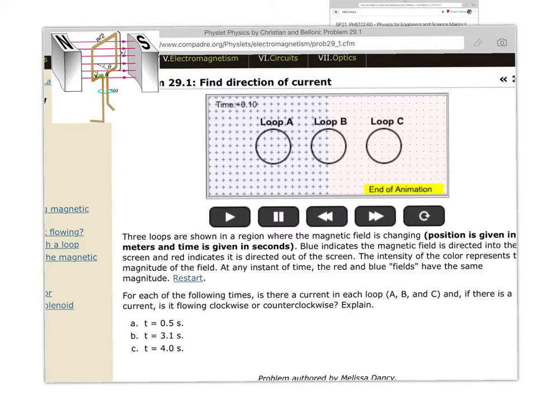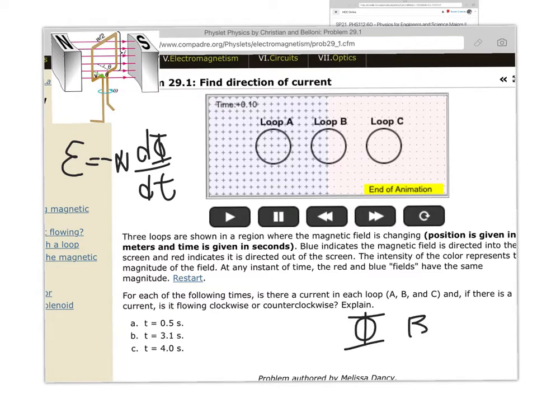And so Faraday's law tells us, right, that we get an EMF whenever we have a change in flux. It's important to remember that. And a change in flux means either a change in field, area, or direction.